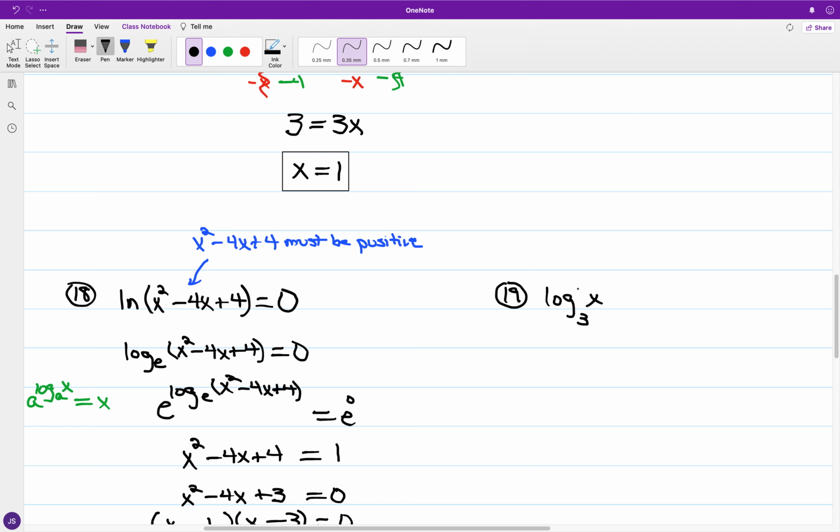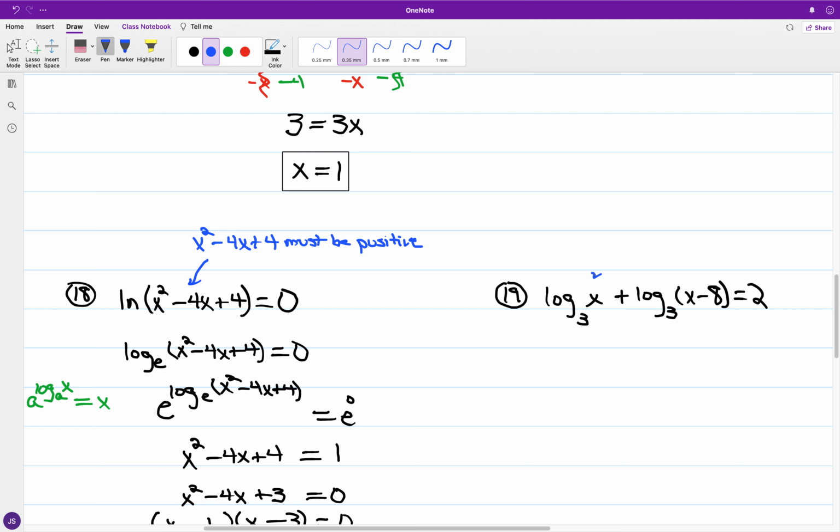So again, we have the base 3 logarithm of x, plus the base 3 logarithm of the quantity of x minus 8, is equal to 2.